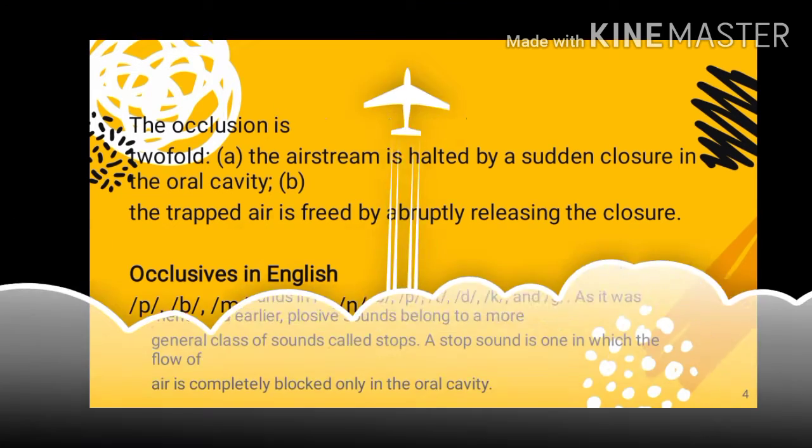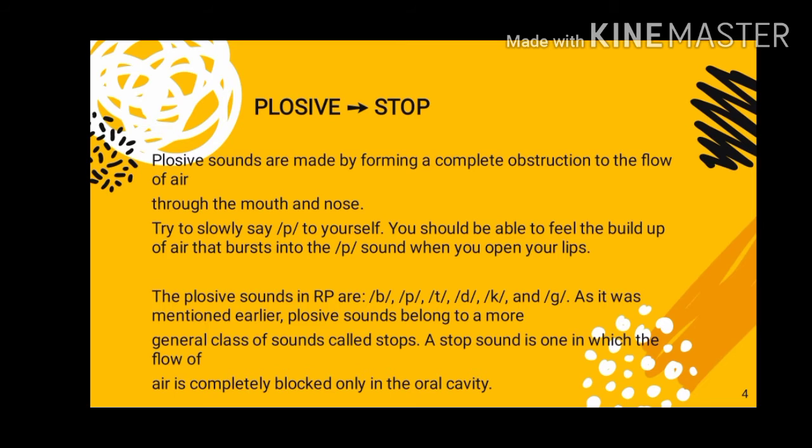Okay, next to plosive. Plosive sounds are made by forming a complete obstruction to the flow of air through the mouth and nose. You can try to say P slowly. You should be able to feel the build-up of air that bursts into the P sound when you open your lips.